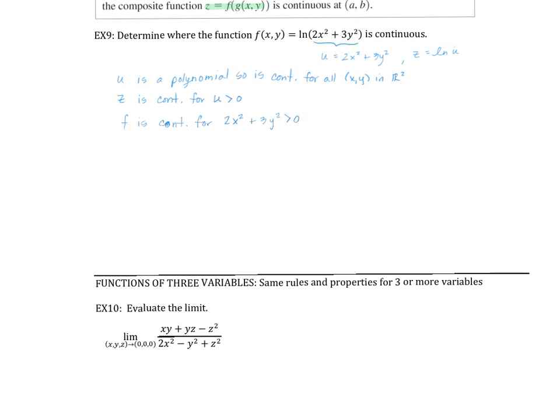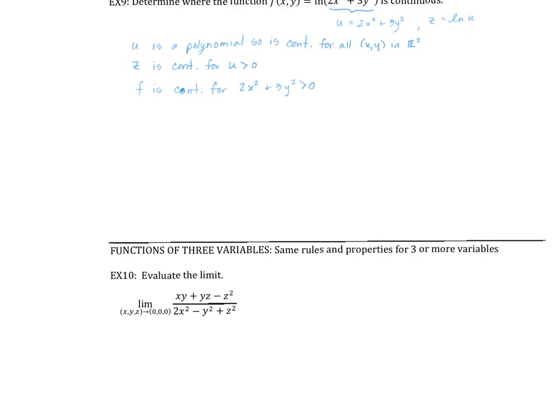Now notice that with this inequality, since I'm squaring my x and squaring my y and adding these together, they can never be negative. And the only way I'm going to get 0 is if both x and y are 0. So I can conclude that f is continuous for all points x and y that are not equal to the point 0, 0.